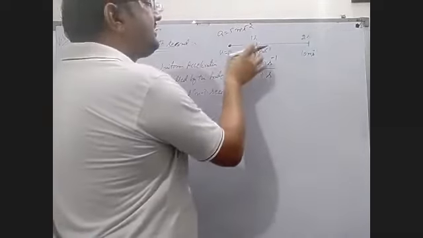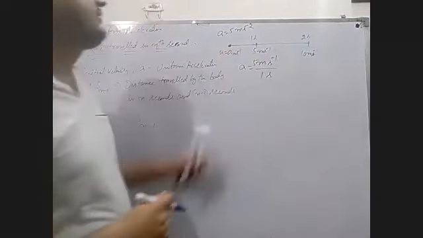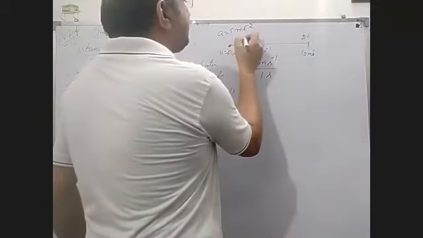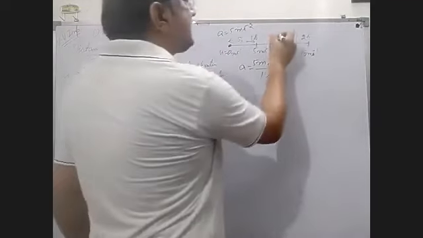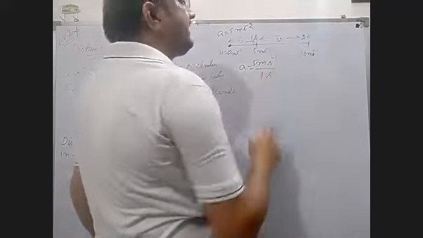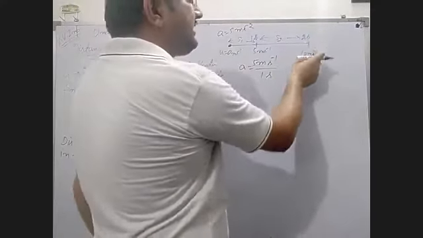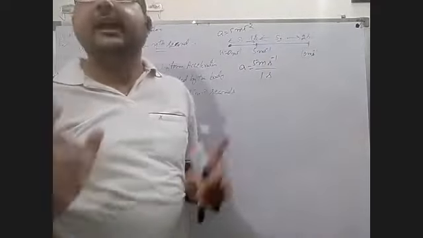You can see that when the velocity is increasing from 0 to 5, the distance covered in this time is obviously very low as compared to when the velocity goes on increasing from 5 to 10. Now after 2 seconds, the velocity is 10 meter per second, meaning in 1 second it will cover 10 meter.